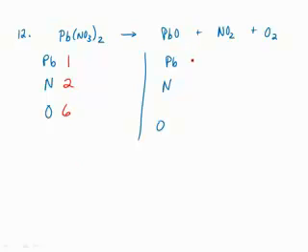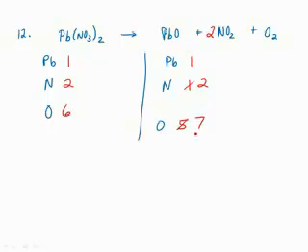I have 1 lead, 1 nitrogen, and 1, 2, 3, 4, 5 oxygens all together there. Okay, my lead is okay. Nitrogen, I have a 2, so I'm going to put a 2 here. So that gives me now 2 nitrogens, and I have 4, 5, 6, now I have 7 oxygens.